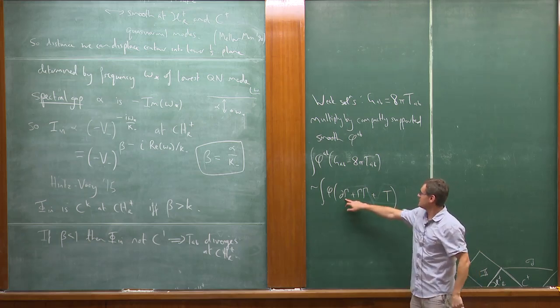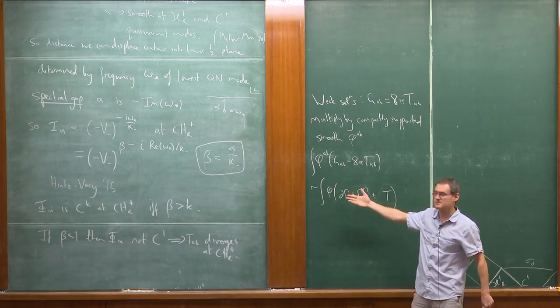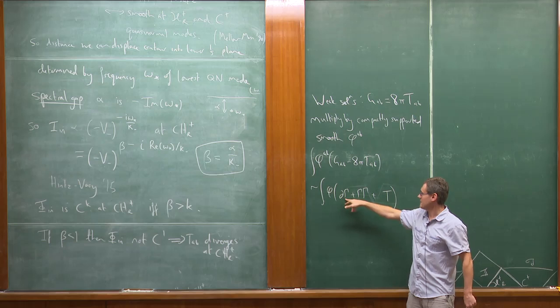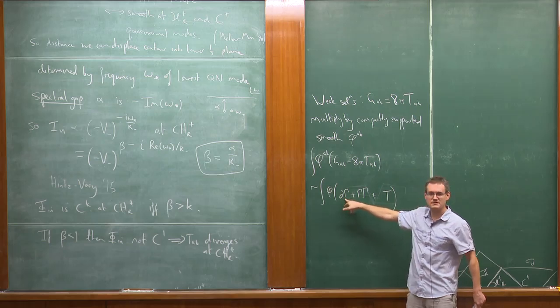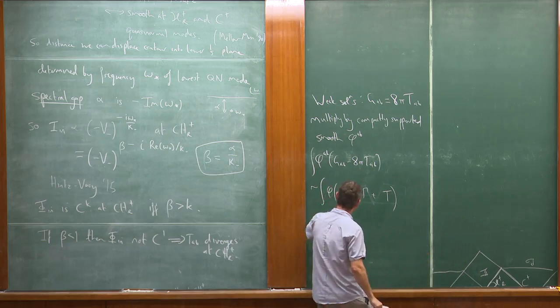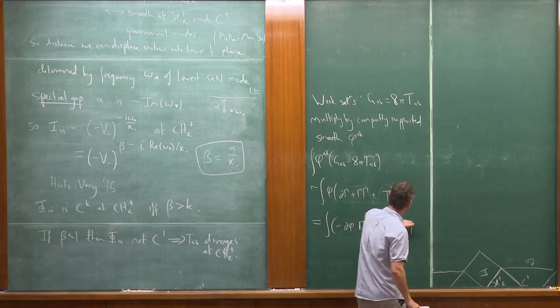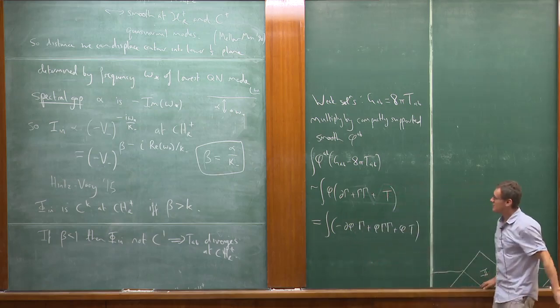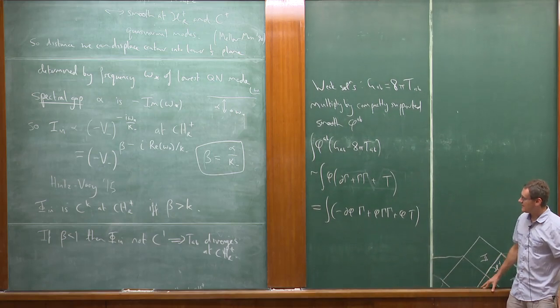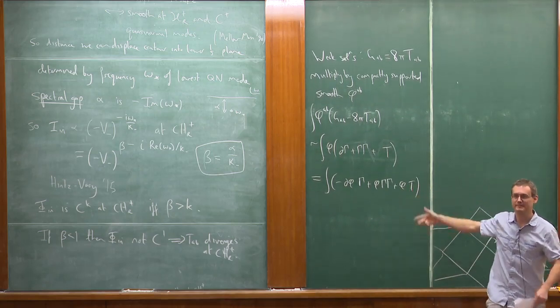These are just the Christoffel symbols. Since we're interested in something that's potentially singular, dΓ is badly behaved, so we integrate by parts to get rid of this derivative. And so we can write this as minus dφ Γ plus φ ΓΓ plus φ T. What we mean by a weak solution is that this expression makes sense and it vanishes for any choice of φ.